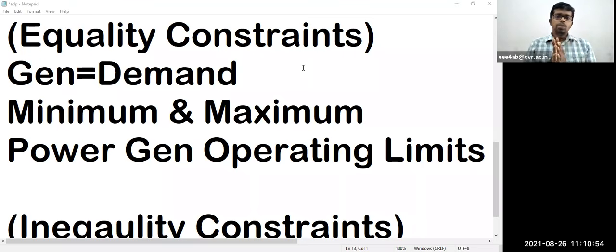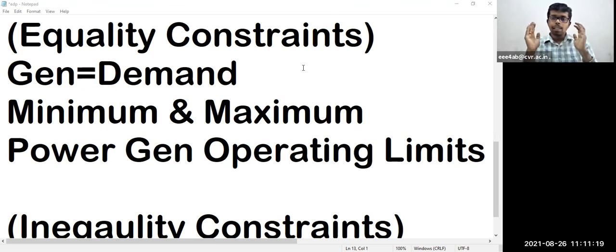So your generator efficiency should not go beyond this particular limit. If it is running at 60%, 50%, that is of no use. That is a very huge loss for the power generation companies, so you should not do that.